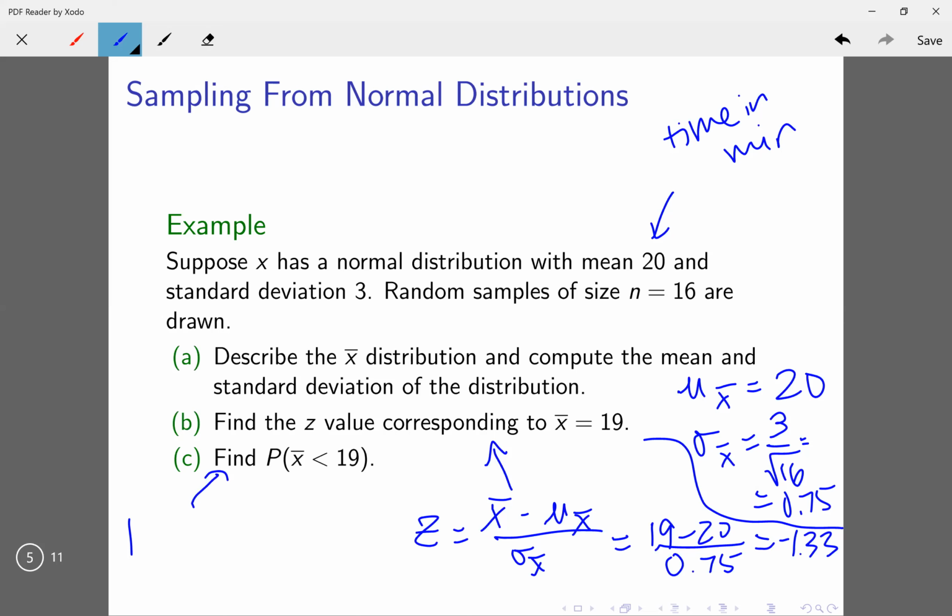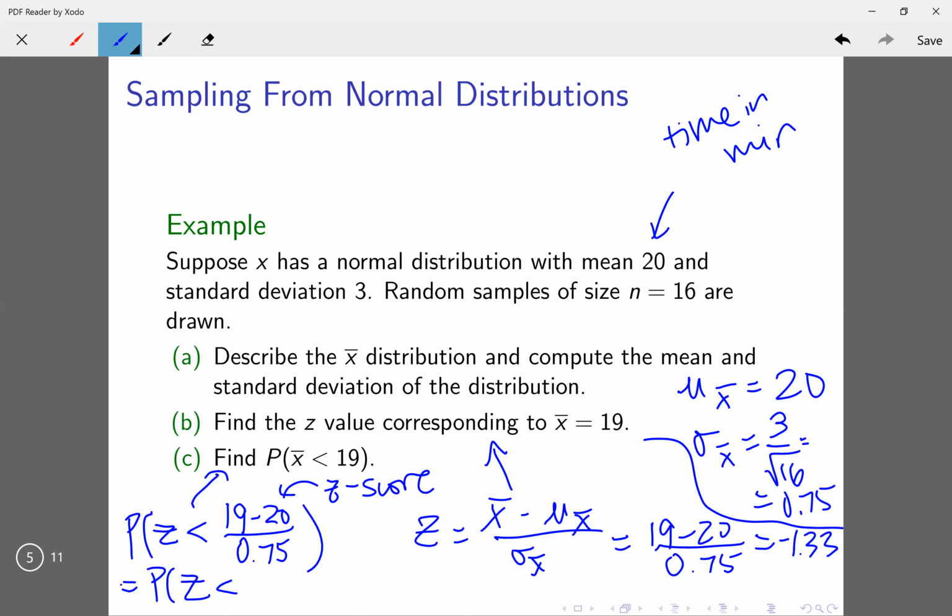Well, the probability is the same as the probability that z is less than 19 minus 20 over 0.75. That's the z-score right here. That's what we've been computing in the past. This whole expression is the z-score. And so this is the probability that z is less than negative 1.33.